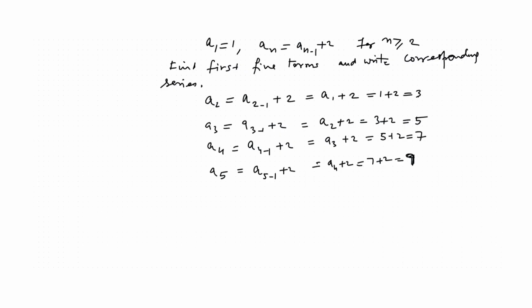The 5 terms sequence is, what would you write? 1, 3, 5, 7, 9. Okay. And the corresponding series is 1 plus 3 plus 5 plus 7 plus 9 and so on. This is the corresponding series.